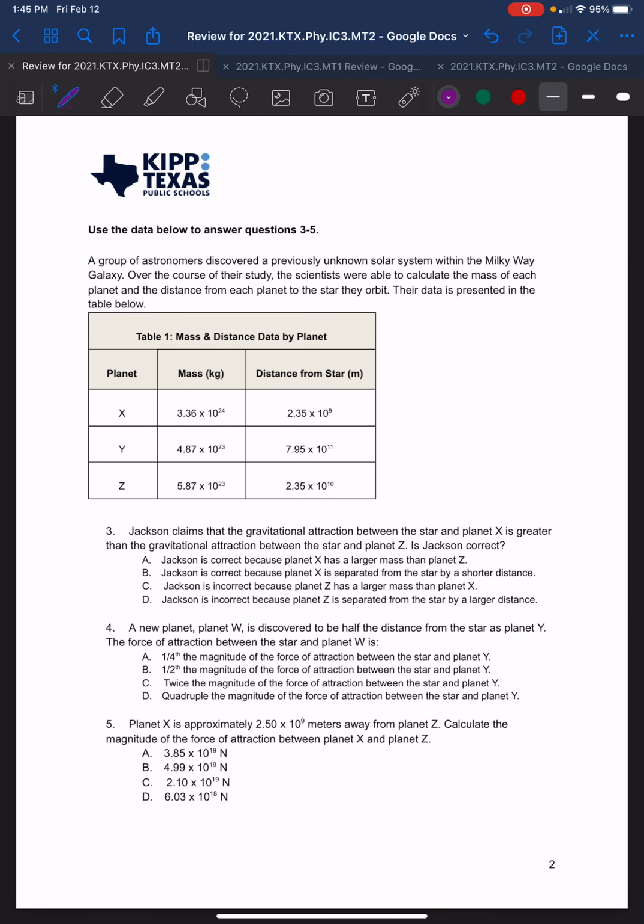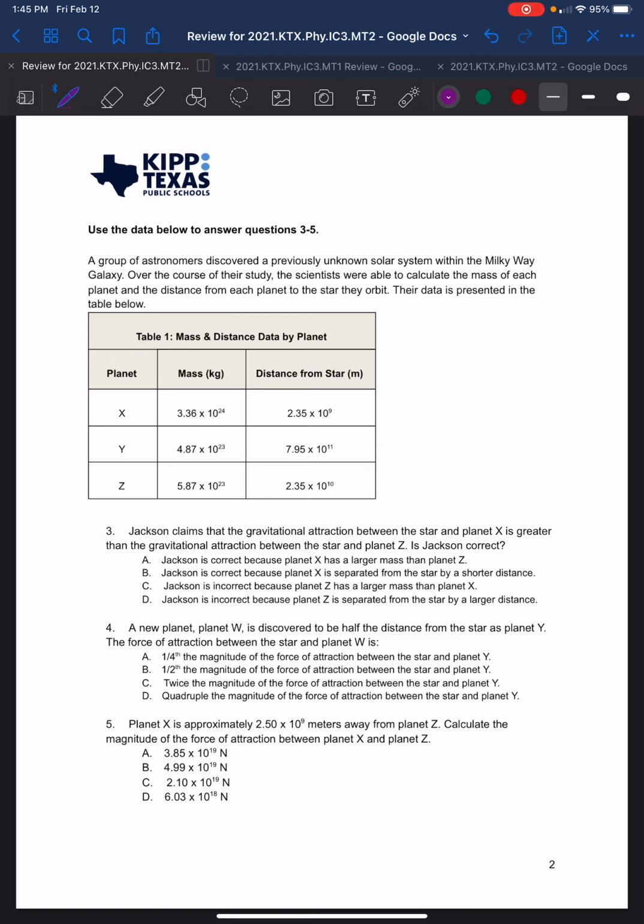All right, a group of astronauts discovered a previously unknown solar system within the Milky Way galaxy. Over the course of their study, the scientists were able to calculate the mass of each planet and the distance from each planet to the star they orbit. So essentially what we have here is a table of data. So we're going to be doing some comparisons.